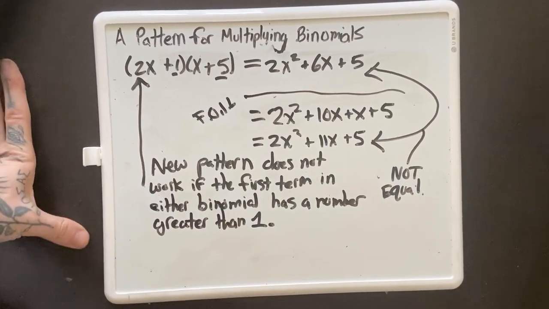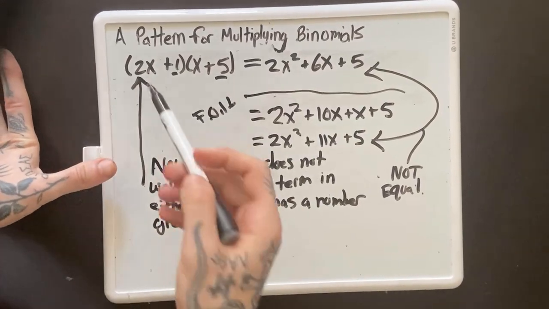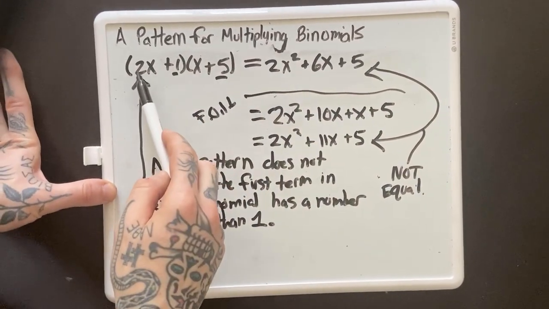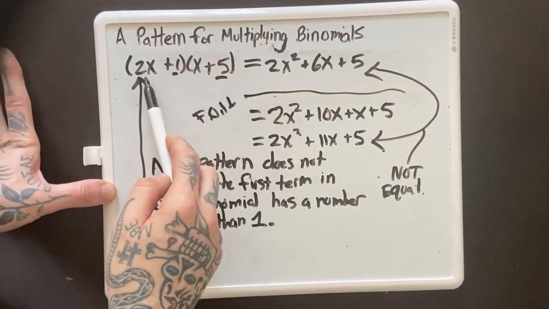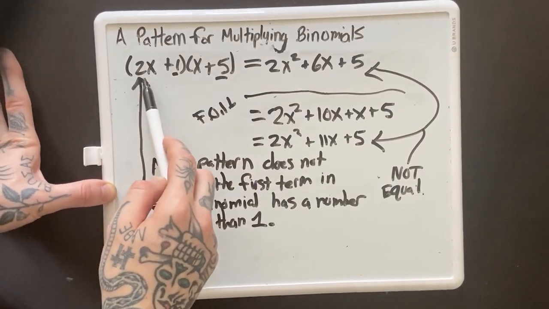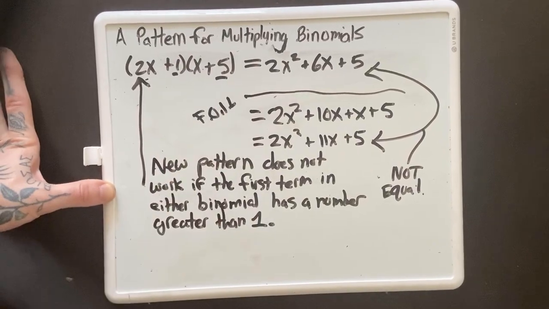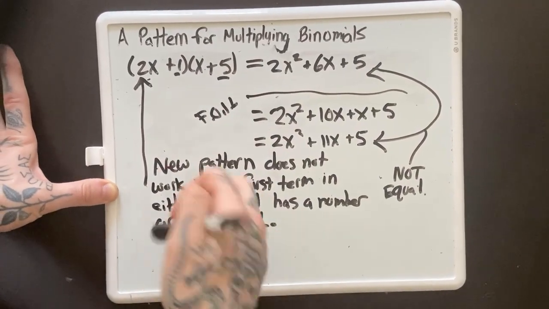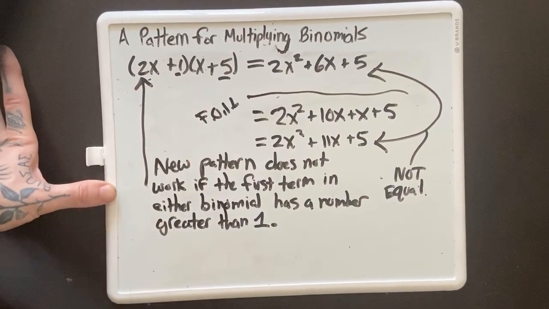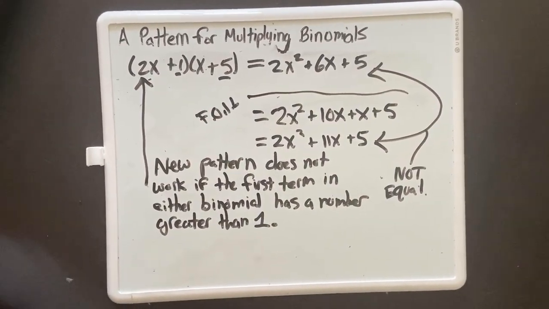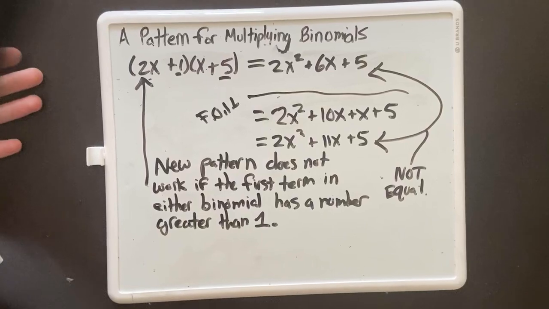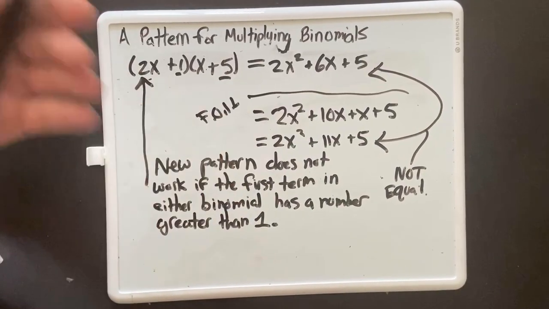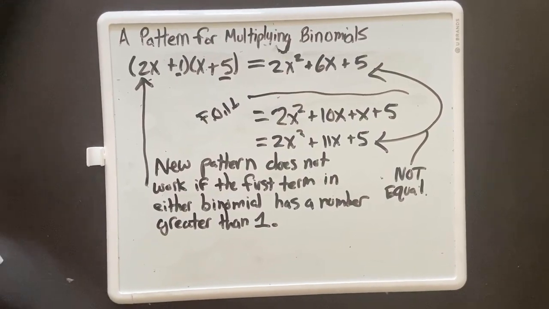Okay? So that's just a wordy way of saying we have a 2x here. We need both of these terms to only have a 1 there because there's always a 1 implied in front of the variable. Okay, but since there's a 2x here, we know our pattern can't work. So when we come across binomials like this, we have to use either FOIL or the rectangle method, okay?